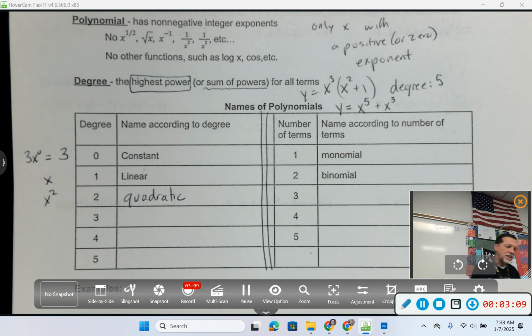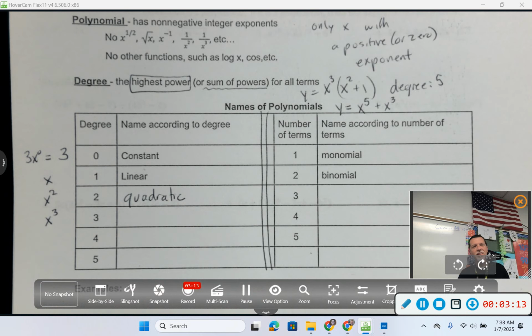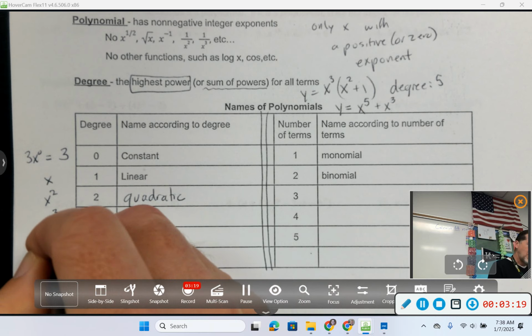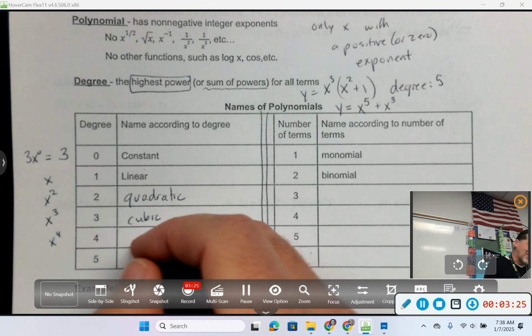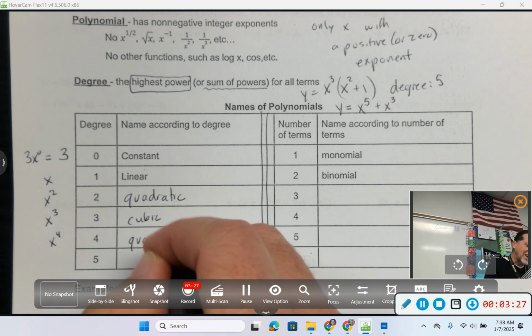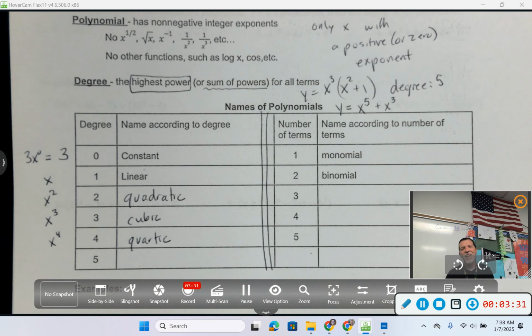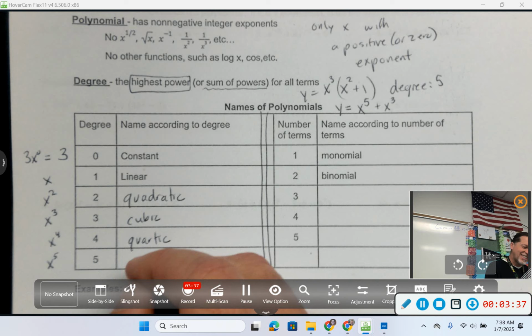Then we start getting into some weirder names, maybe. X cubed is cubic. I guess that one's not too bad. X to the 4th, I guess that's close, maybe. Quartic. You're not going to need to know the name quartic. Any guess on the 5th? Penta is a great guess.